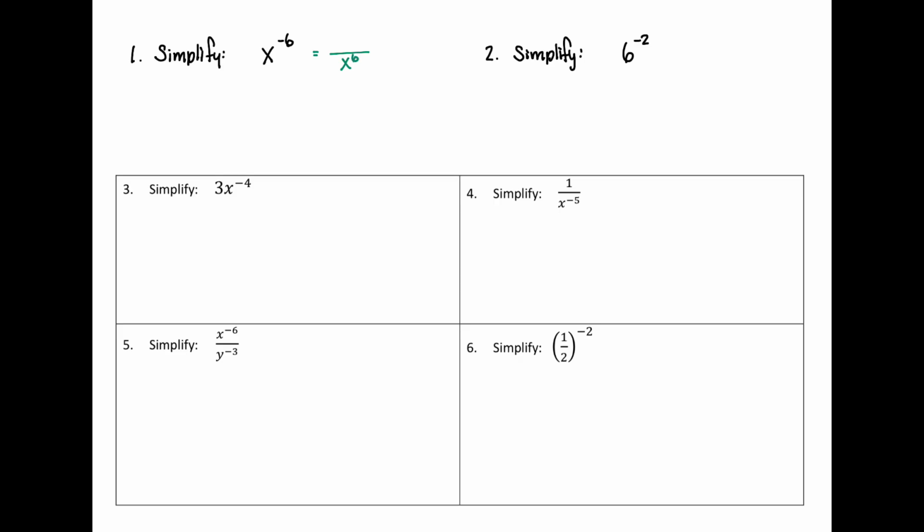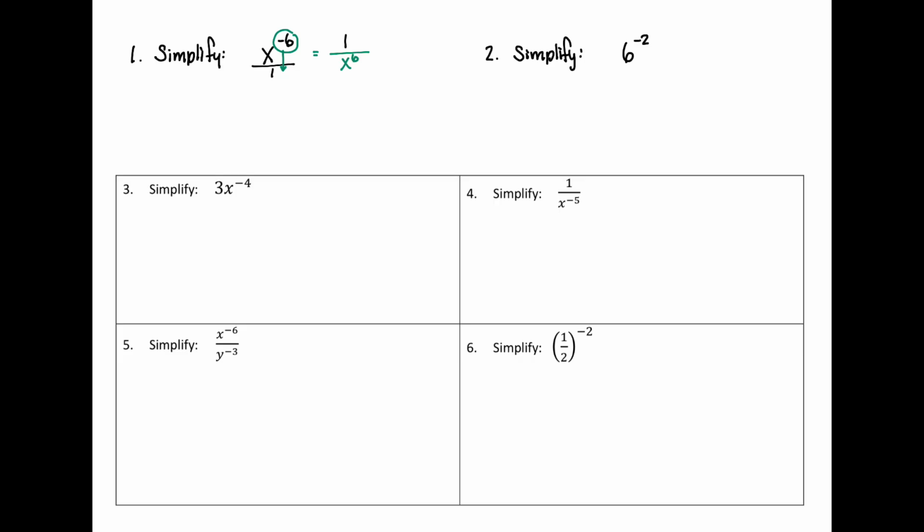When it changes over the fraction line, the whole thing has got to go down, which I did. As soon as it goes over the fraction line, it changes to a positive. And now I need a 1 up here. You can think of that as the coefficient of the x that we just didn't write. But when the x moves, the coefficient has to show up. So it's 1 over x to the 6th.